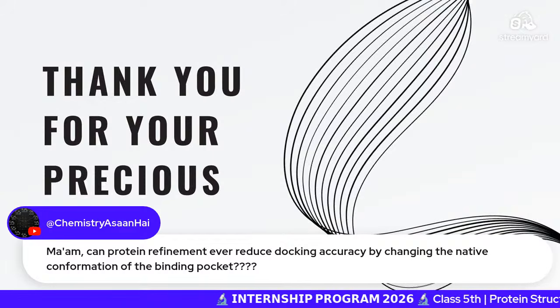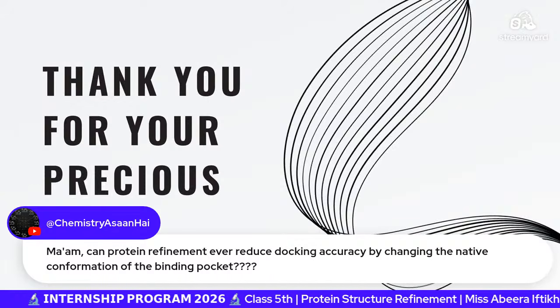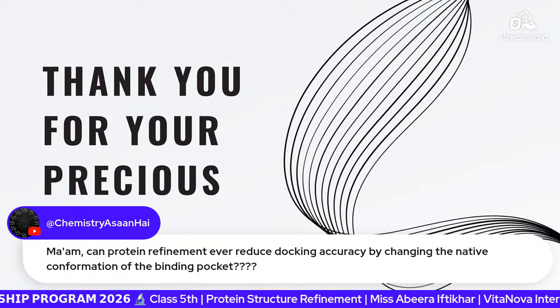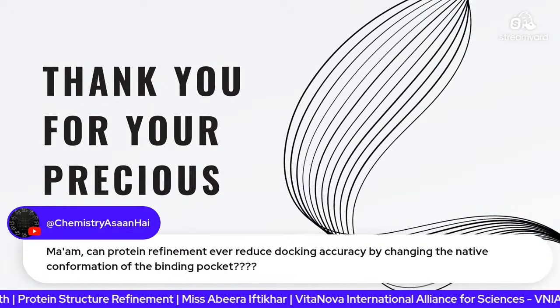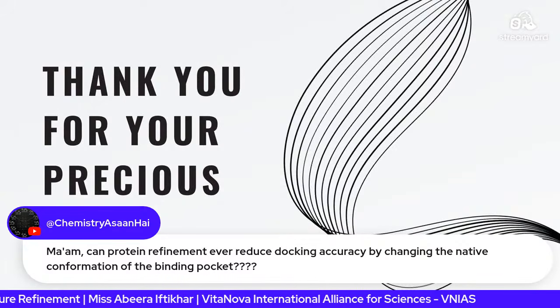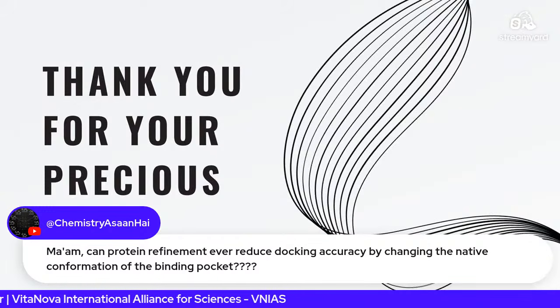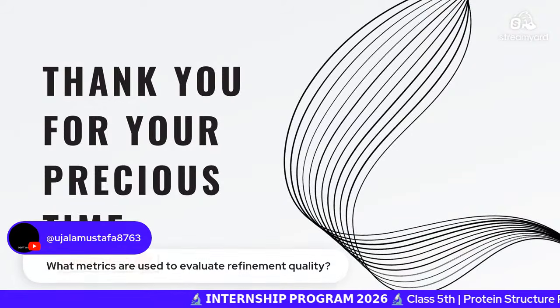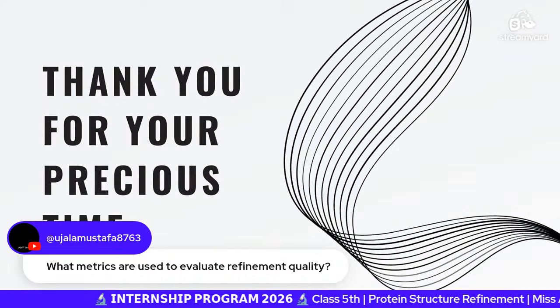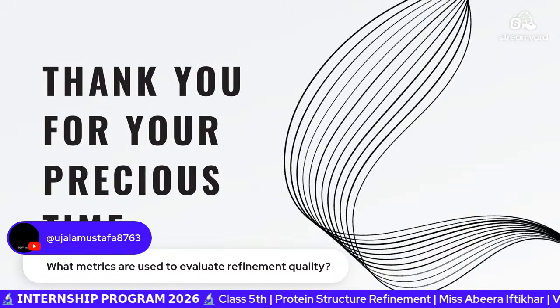If your model isn't refined, or you have predicted a 3D structure that doesn't exist in the PDB, and you haven't checked for any validation or refinement, and you move directly to protein-ligand or protein-protein interaction, whatever you do will definitely affect your docking accuracy and docking results. And the pockets you were asking about will not form the way you wanted.